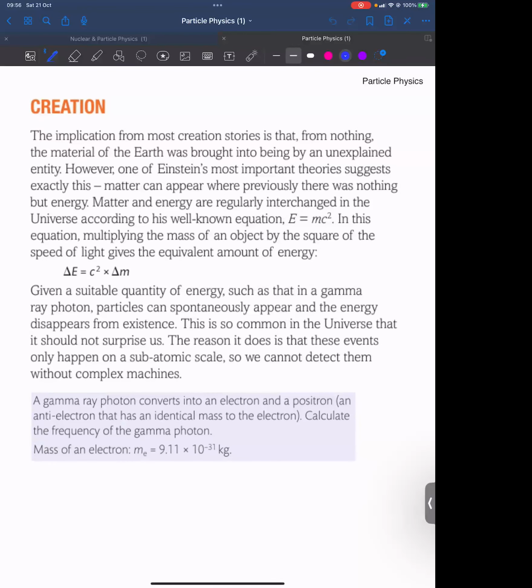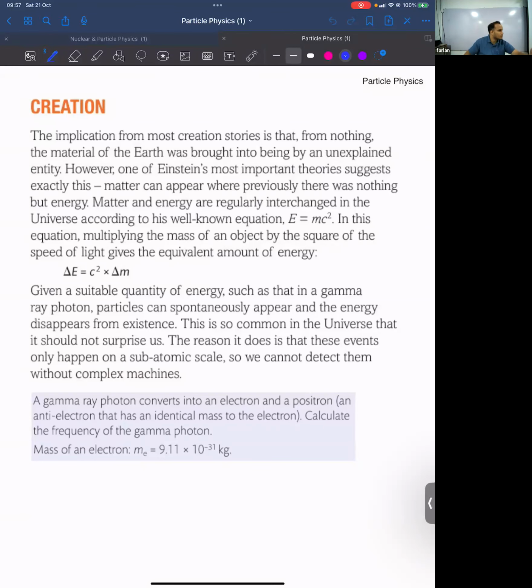The implication from most creation stories is that from nothing, the material of the earth was brought into being by an unexplained entity. However, one of Einstein's most important theories suggests exactly this. Matter can appear where previously there was nothing but energy.